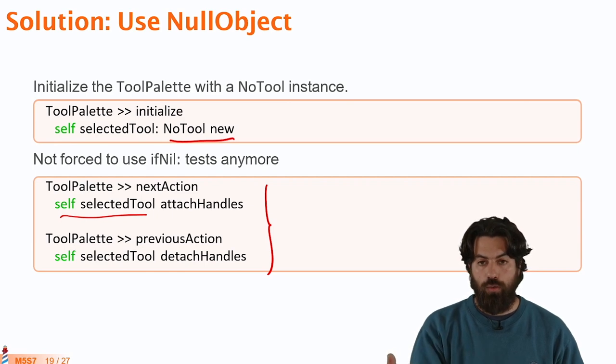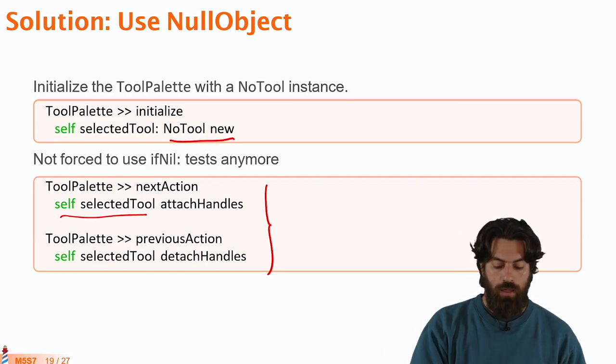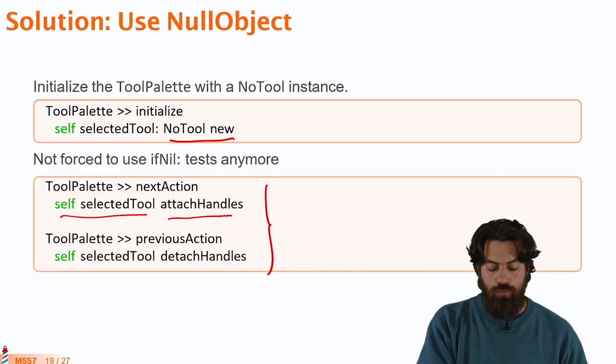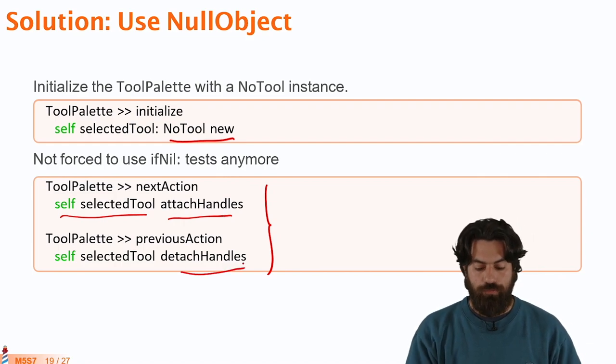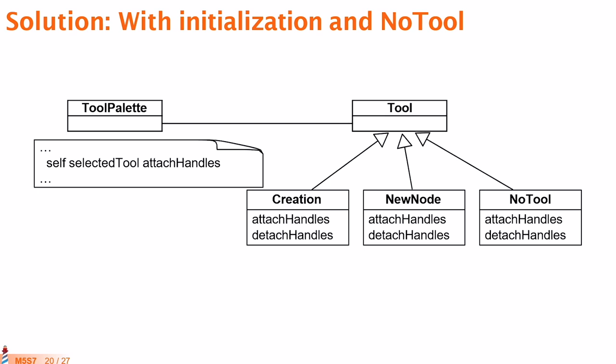Now it is either a no tool or a correct tool, and we can ask it to attach or detach the handles. The only thing that we did in our model was to add a new kind of tool, so we just exploited the polymorphism in our model. And now, instead of having 0 to 1 element tools in our palette, we just have always one tool in our tool palette.